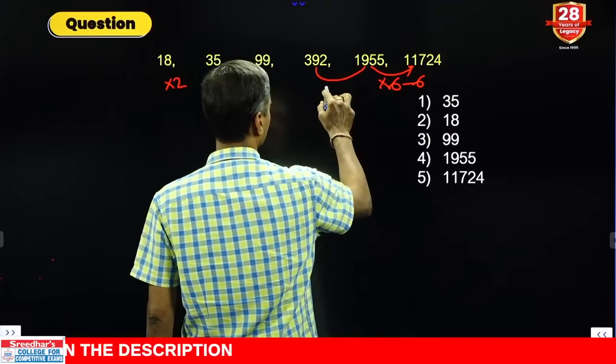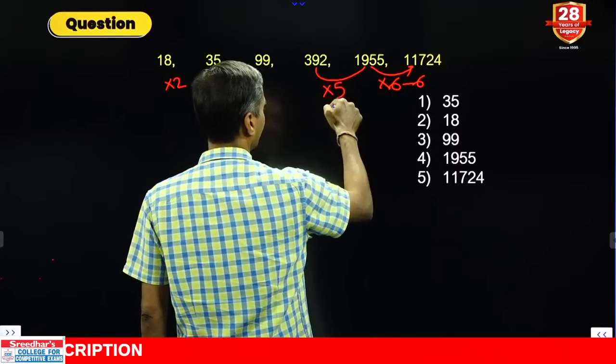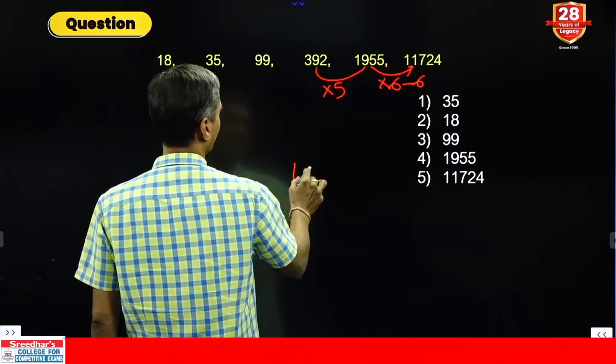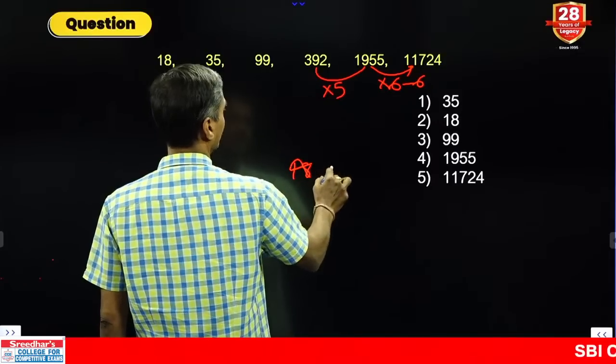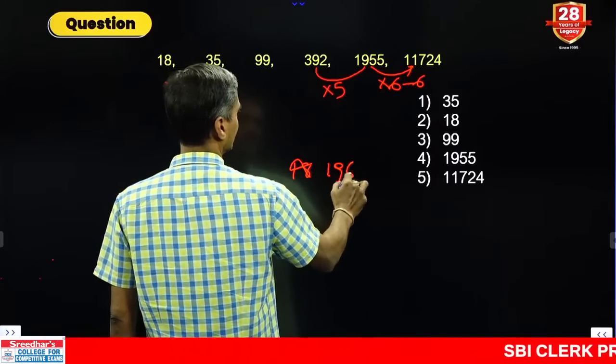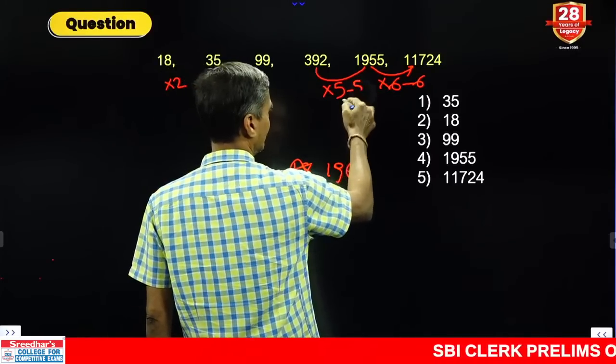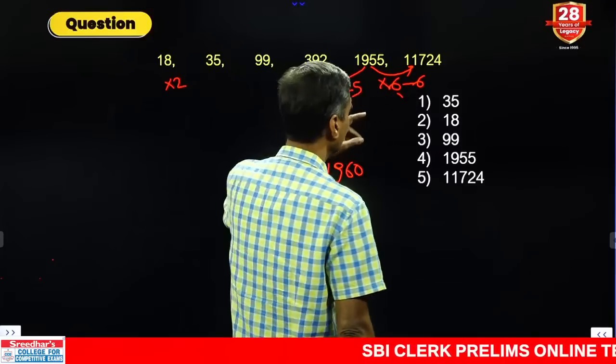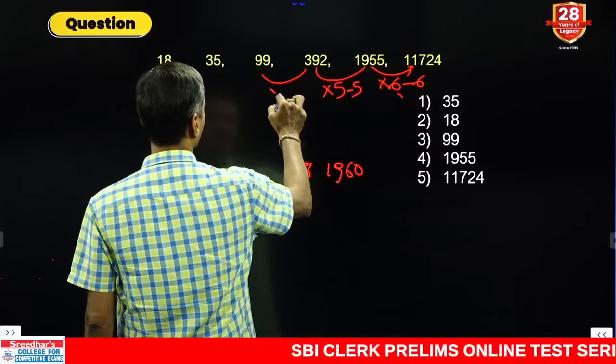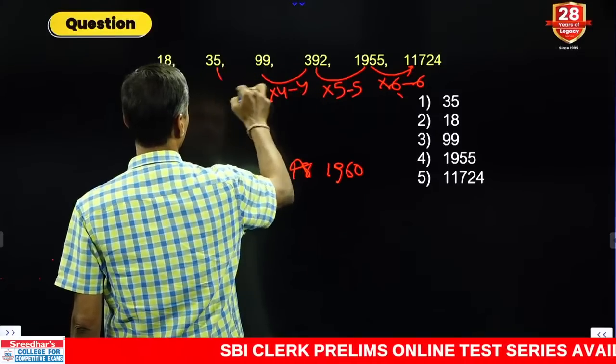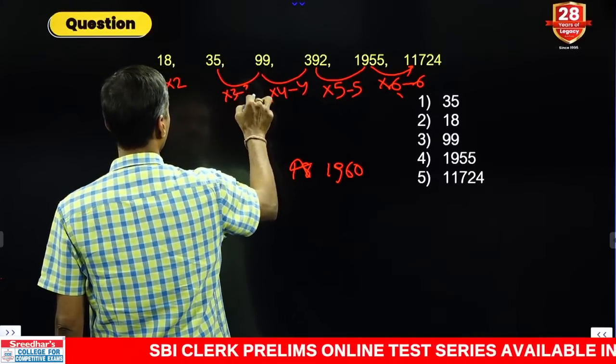And this is into 5. And 392 into 5 is 1960, minus 5. So into 6 minus 6, into 5 minus 5, into 4 minus 4, into 3 minus 3 and into 2 minus 2.